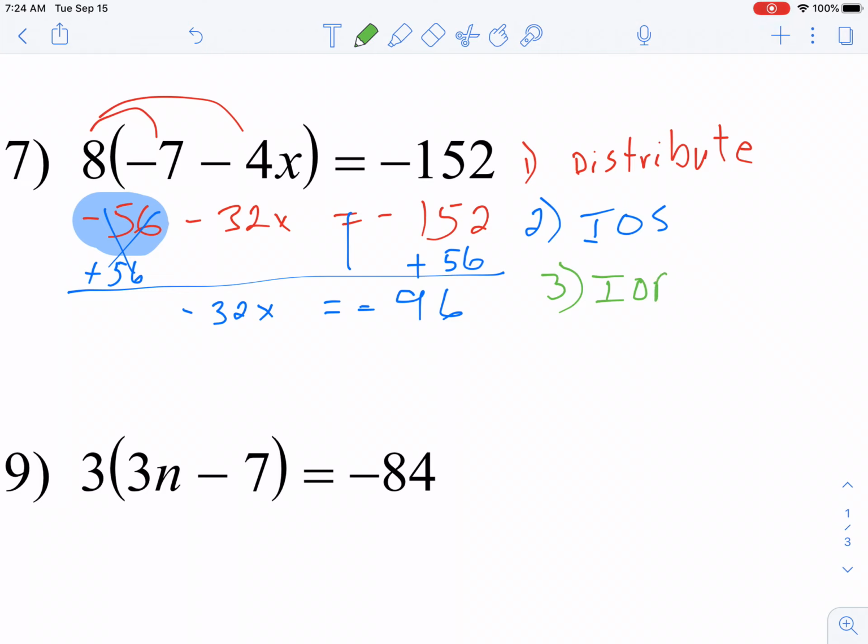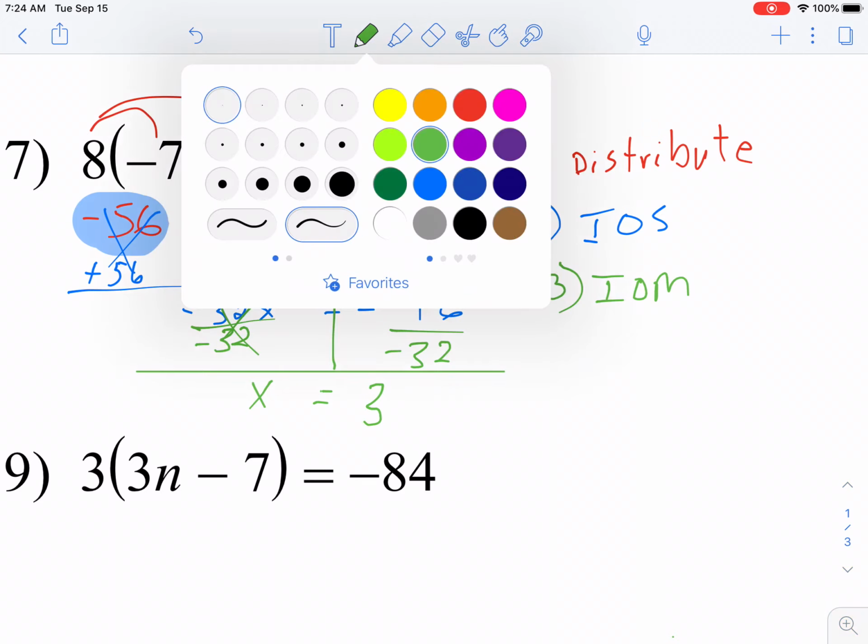So you should have caught on to a pattern between yesterday and today. And so the pattern is actually pretty easy. So these are going to cancel. X goes here. Equal sign drops down. Negative 96 divided by negative 32 is going to be positive 3. And you can use Desmos to check your answer.